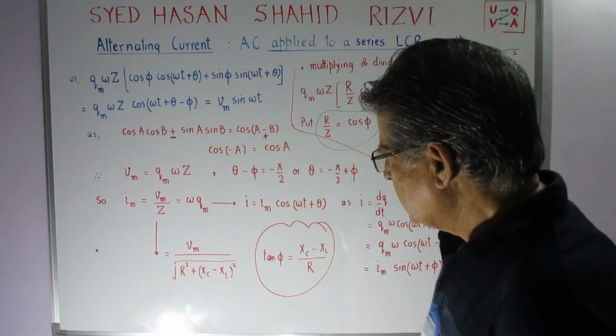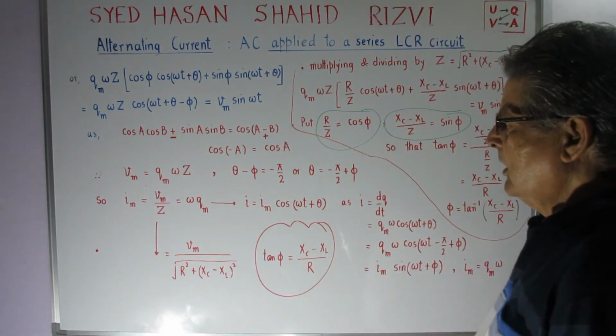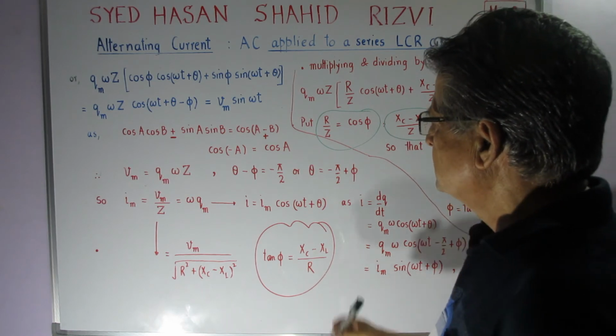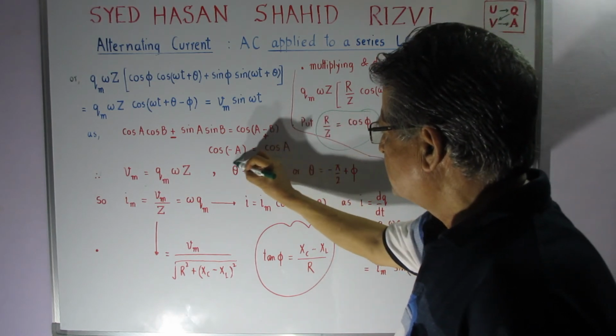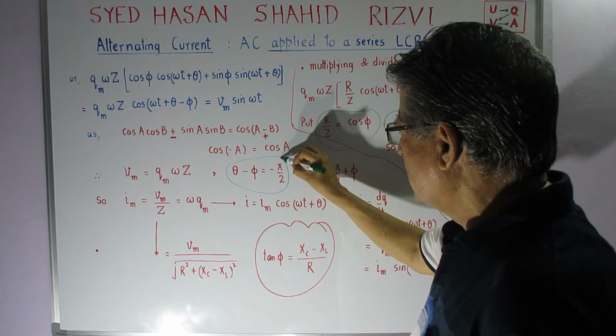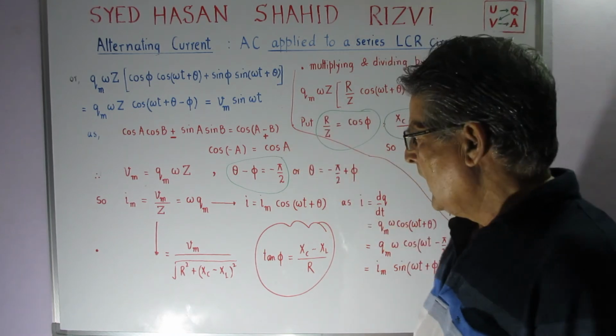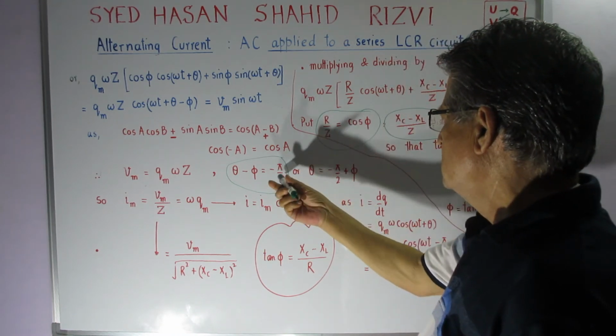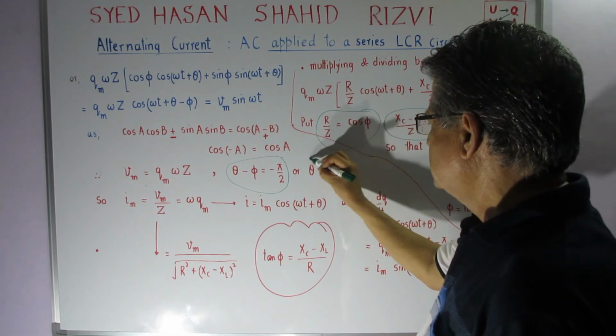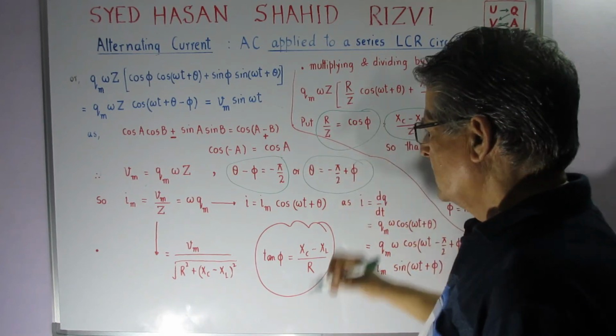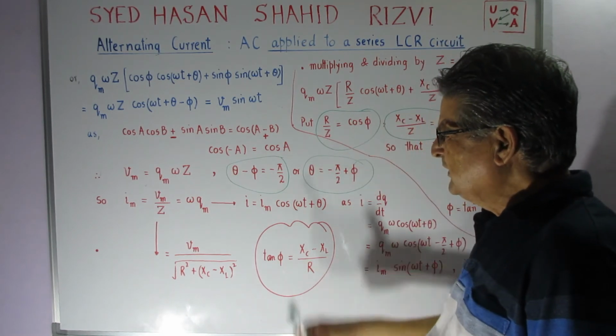If so, then theta minus phi is equal to minus pi by 2, or theta becomes equal to minus pi by 2 plus phi.